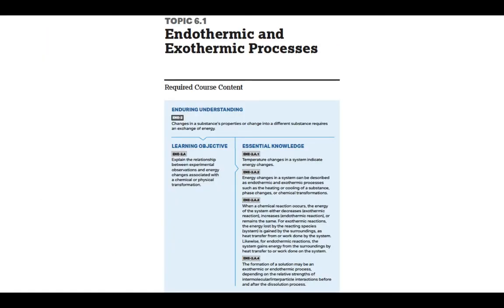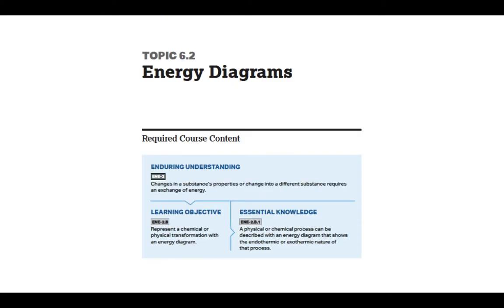So, you should know if something is an endo or exothermic process. That means whether the products or the reactants are higher in energy will tell you whether it's endo or exothermic. Energy diagrams: you should be able to understand or plot what an energy diagram would be for a particular process. You would always start on the left with your reactants. The right side of your graph should be your products.